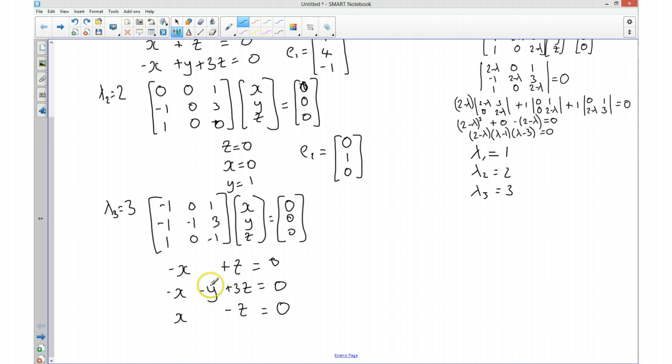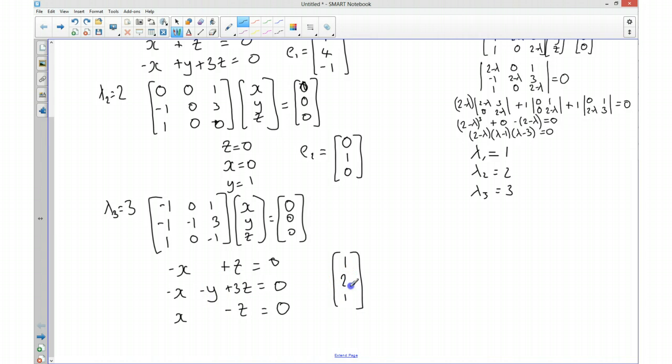So from this you may be able to spot that x and z have to be the same value. So I'm going to choose x to be 1 and z to be 1. Okay, and if x is 1, so that's negative 1 plus 3z, which is 2. So 2 take away y is equal to 0, so the y must be 2.